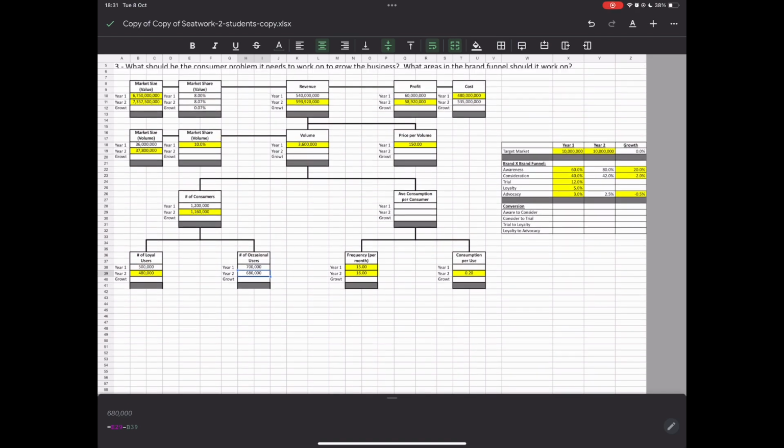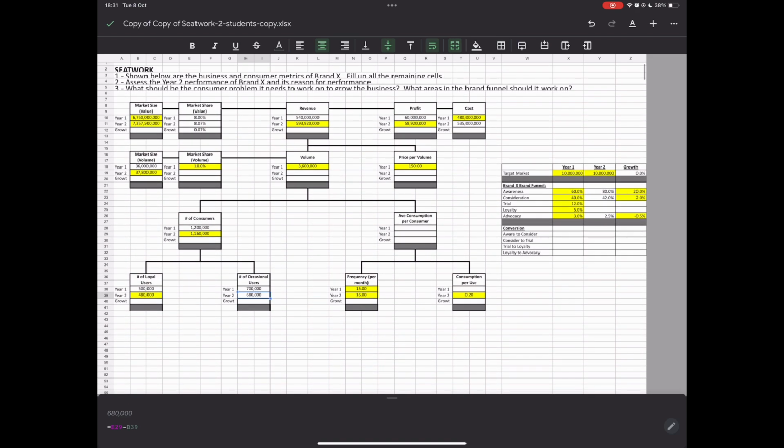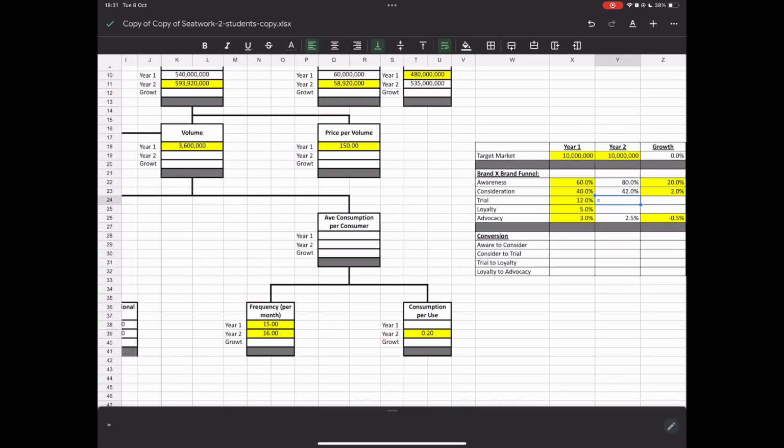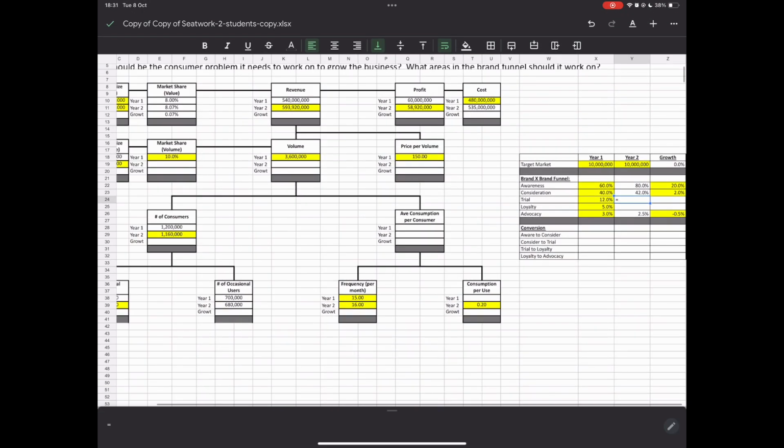Okay, so now we need to solve everything on this small table so that the rest of the exercise becomes easy. The relationship basically is 12% of your target market, your 10 million, is that 1.2 million on the left side.